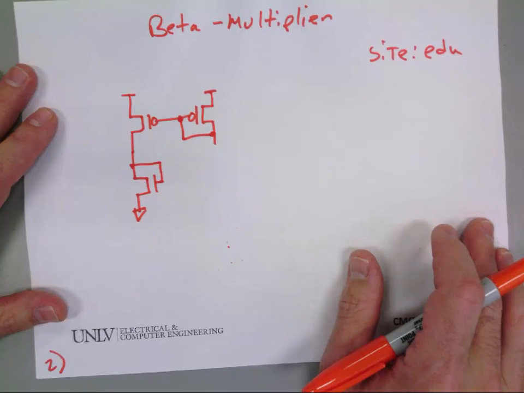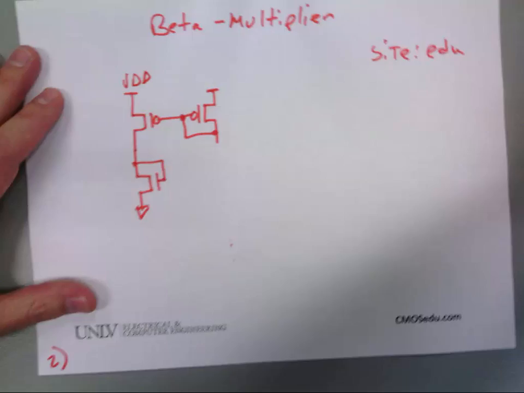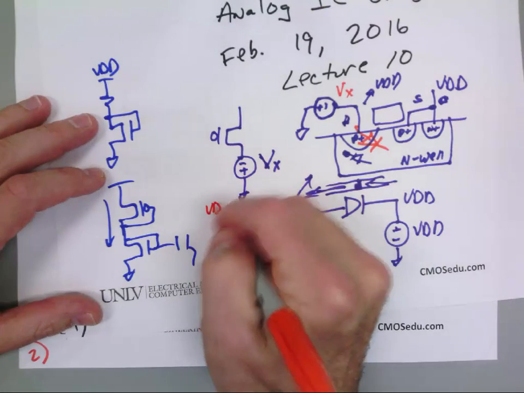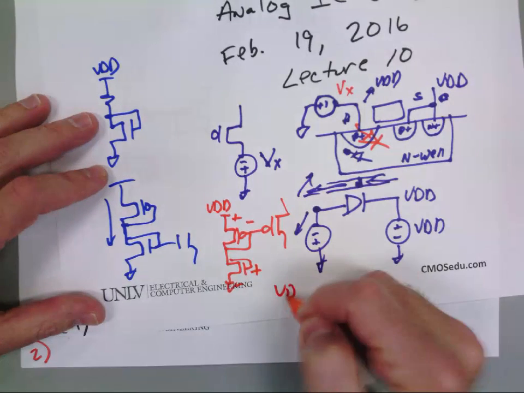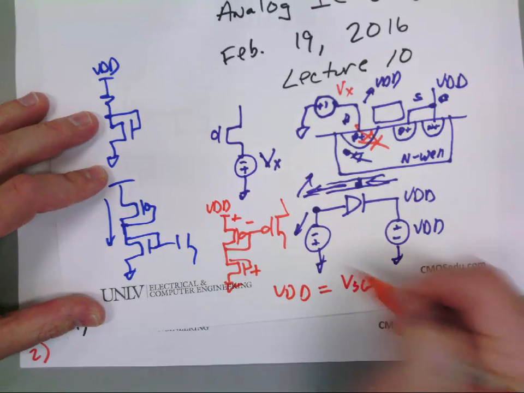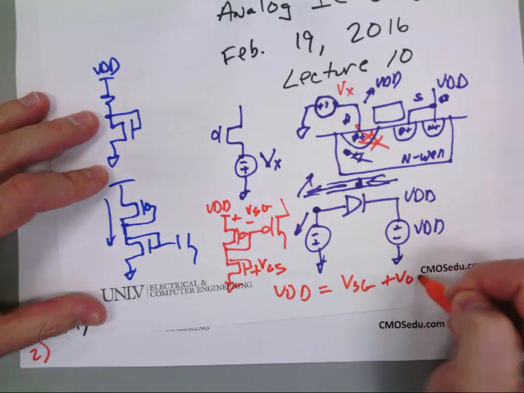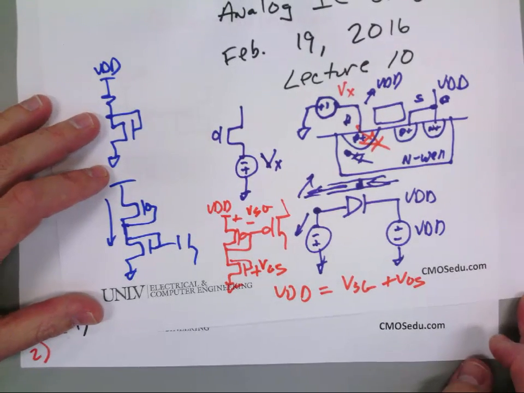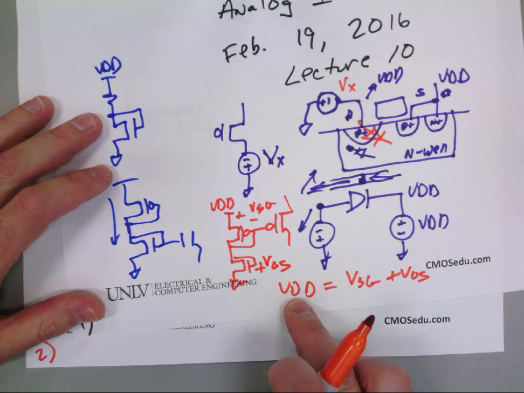Yeah, so if you think about it, if you do that, then VDD is equal to VSG plus VGS. Does everybody follow that? Well, that's not what I want because then they change directly with VDD, right?